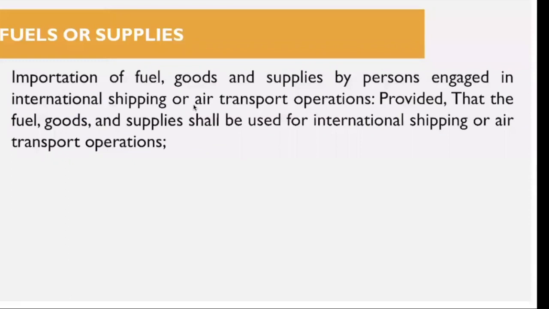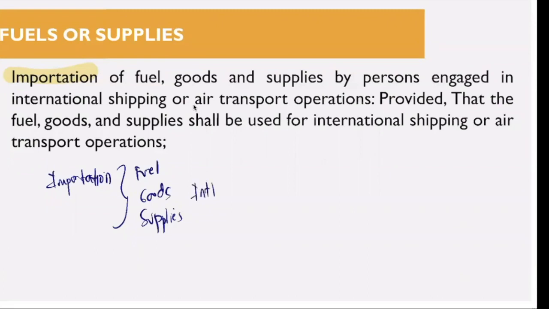Next, we have your fuels or supplies. So here, what is the transaction? Importation. The only transaction that is considered exempt here is your importation of what? Fuel, goods, or supplies for international shipping or air transport. Okay? So take note, it is only importation.